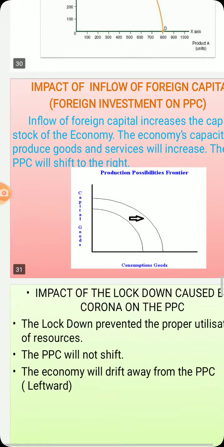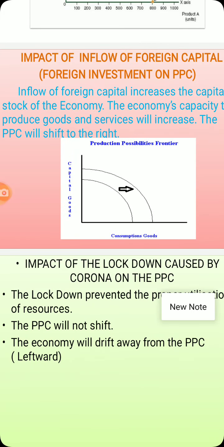Clear? The second condition, impact of the inflow of foreign capital. If we are getting more foreign capital, what will be the impact on the production possibility curve? I think we have read in the first case, change in resources, when the resources are increased, the production possibility curve will shift towards the right. You can see that in the curve as well.